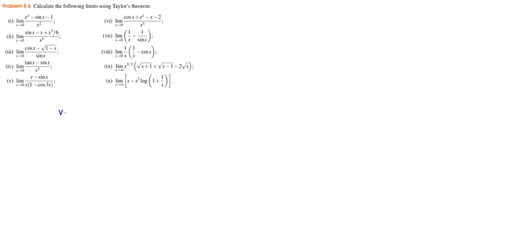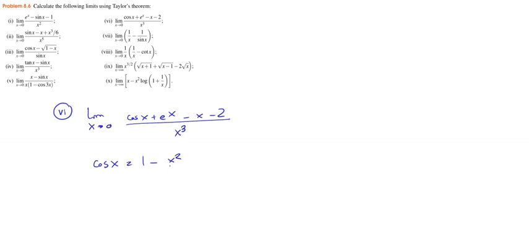Let's do part 6. This is the limit when x goes to 0 of the cosine plus e to the x minus 2 divided by x cubed. And again, we want to reach x cubed, right? Because otherwise we are going to be left with nothing in the numerator. So the cosine is 1 minus x squared over 2, and then plus small o of x cubed.